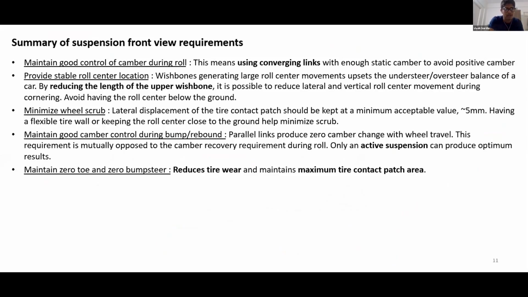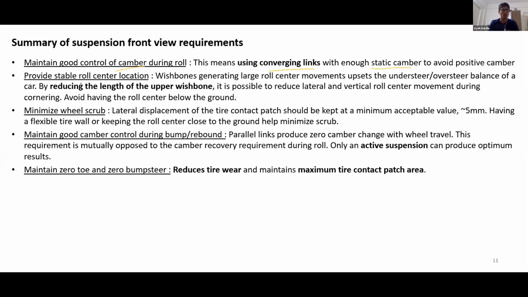All right, so let us conclude this, at least the theory part of it, by summarizing what we have done till now. We would like to maintain good camber control during roll, that is by using converging unequal links of suspension and providing enough static camber to avoid a positive camber on your outer wheels.